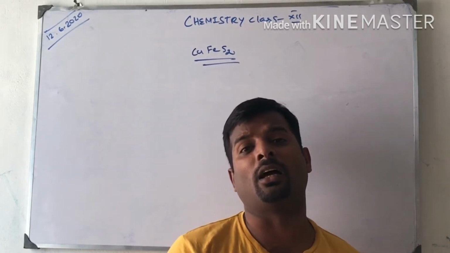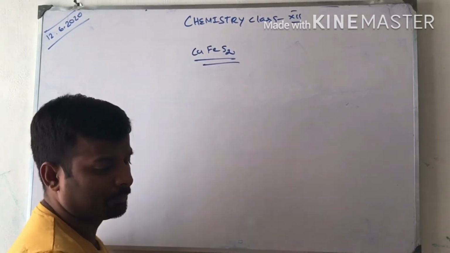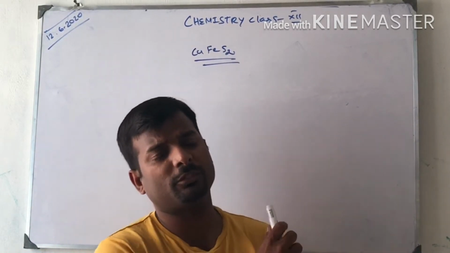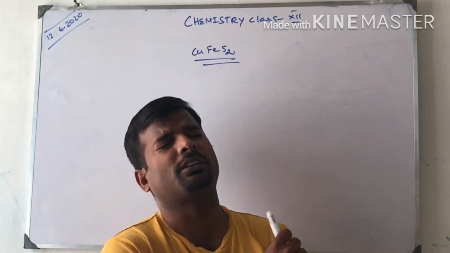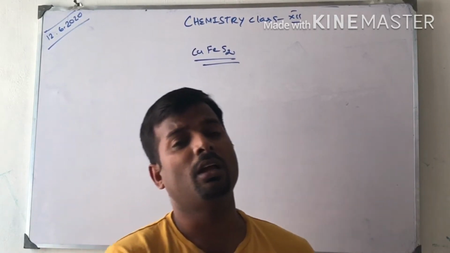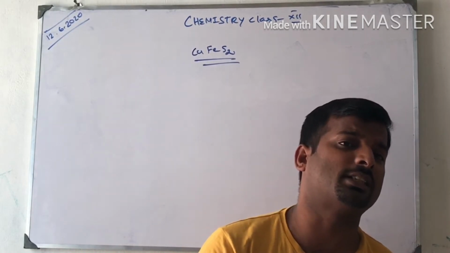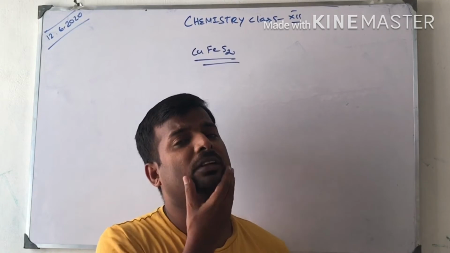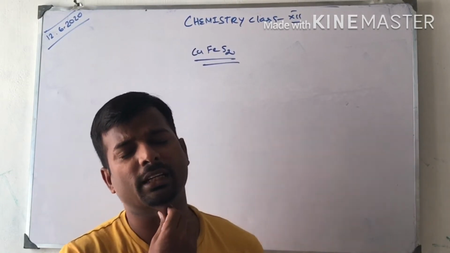Iron oxide, a metal oxide, is basic in nature, whereas silicon dioxide, a non-metal oxide, is acidic in nature. It will give slag.